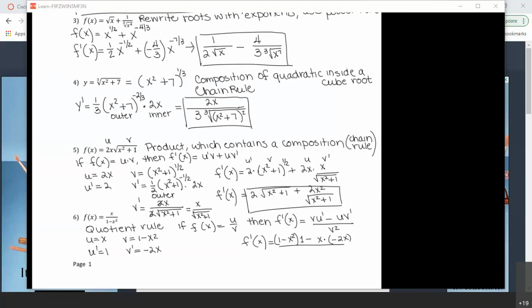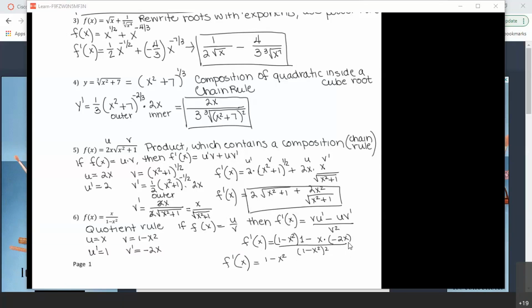Okay, and then the whole thing is over v squared. Again, you can do some cleanup algebraically in the numerator, because you're going to have 1 minus x squared. And then you notice here you've got a minus x times a negative 2x.